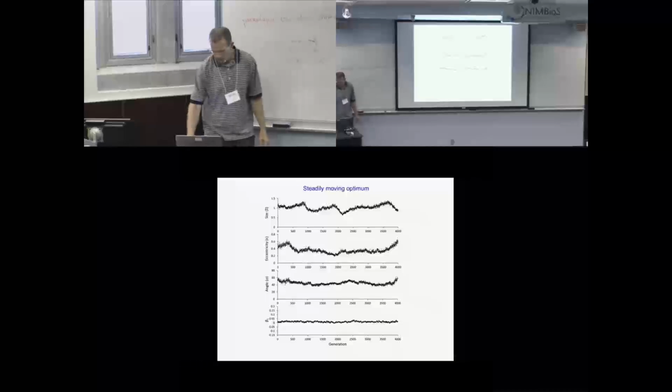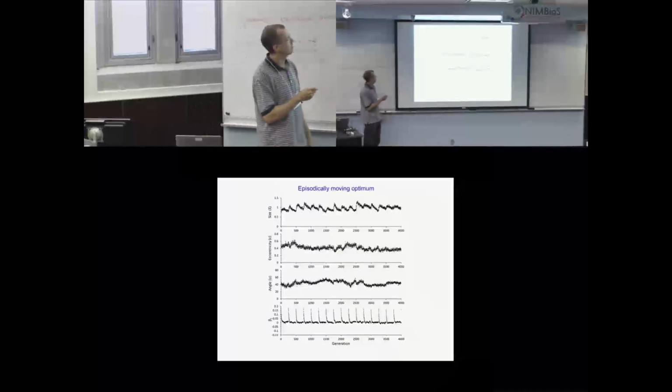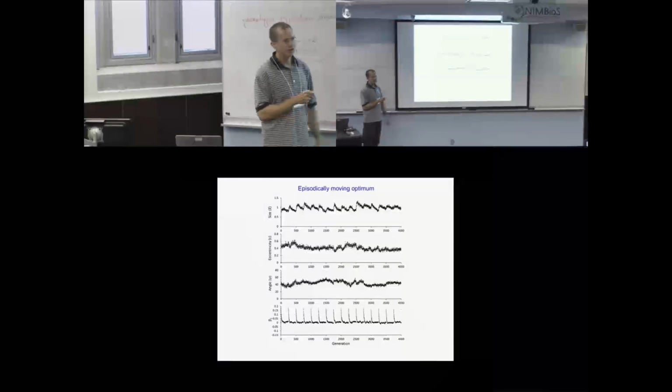So for the most part, things stay the same, but there is clearly an effect of an episodically moving optimum. You can see up here, the effect is most noticeable with respect to the size of the G matrix, the total genetic variance. What you get are cyclical changes in the additive genetic variance due to that episodically moving optimum.